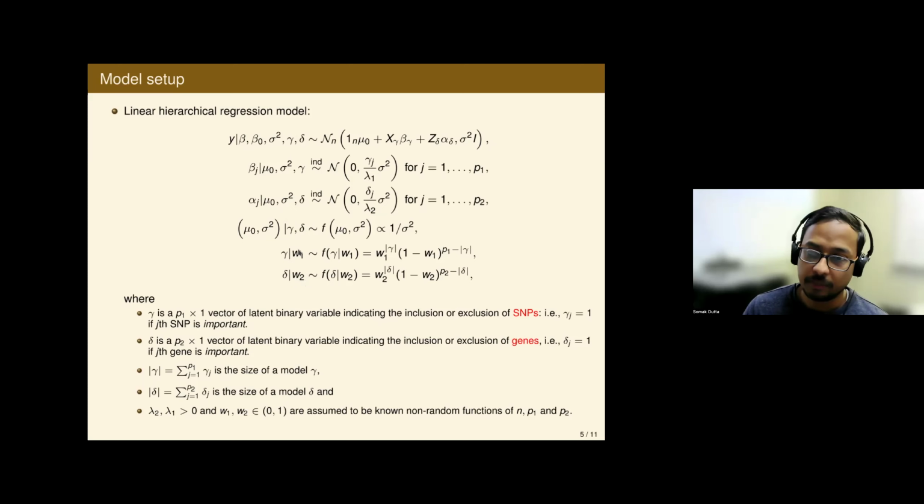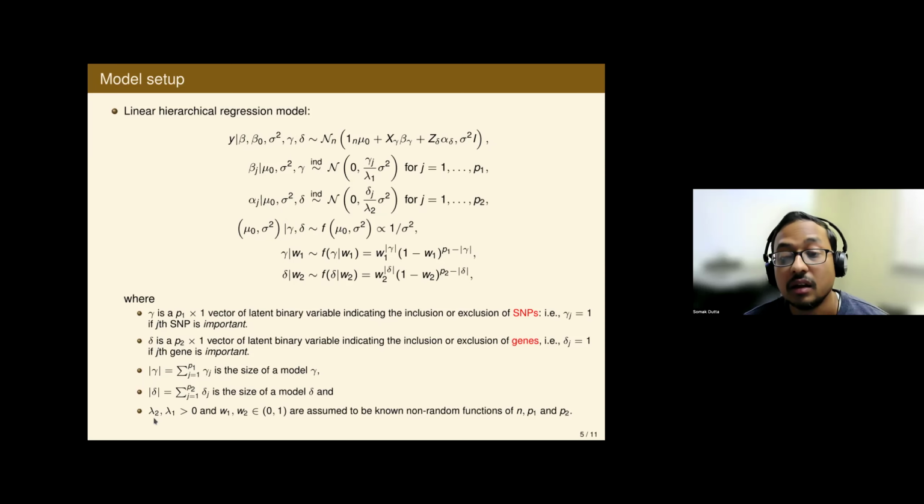In this notation, mod gamma and mod delta are the size of the model gamma and the size of the model delta. Those are the number of ones in the vector gamma and the number of ones in the vector delta, that is, the number of SNPs or genes deemed to be important.